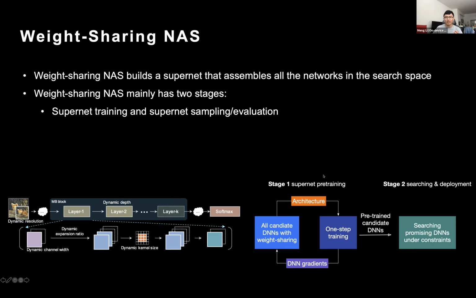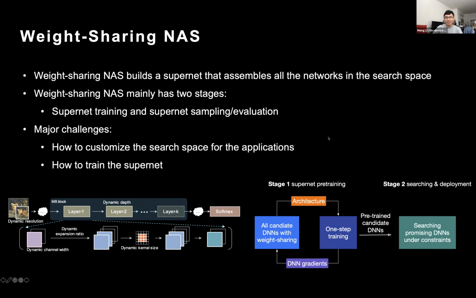The first stage is the supernet training stage, where the supernet as well as the subnetworks are jointly trained to converge. The second stage is the searching stage, during which the networks with best accuracy, given different constraints, are selected. Ideally, for weight sharing NAS, no fine-tuning or retraining is needed, which leads to great search efficiency.